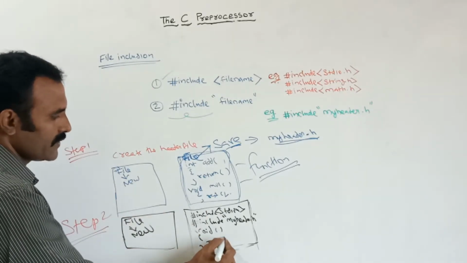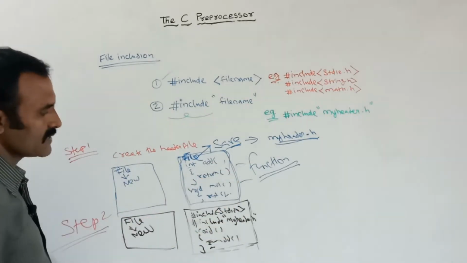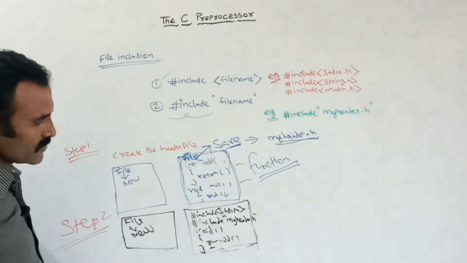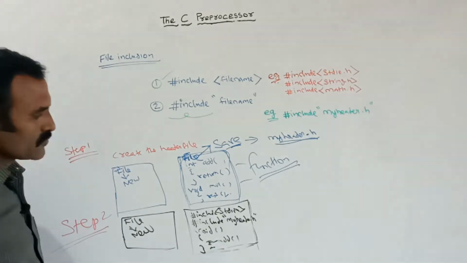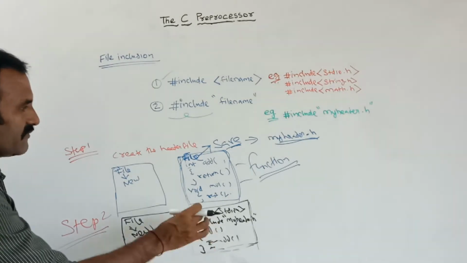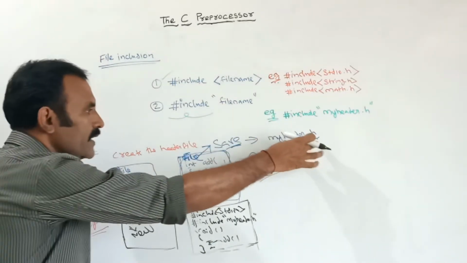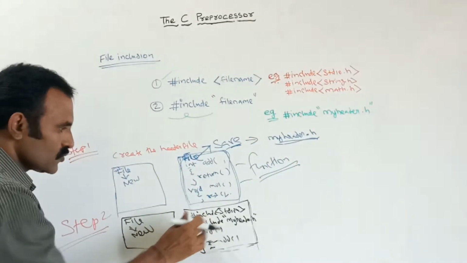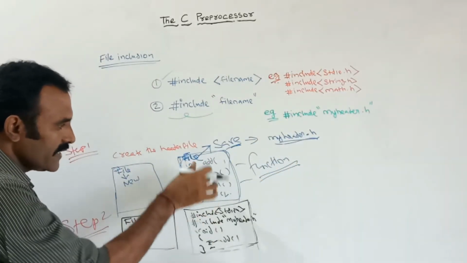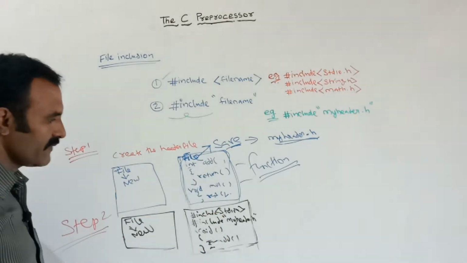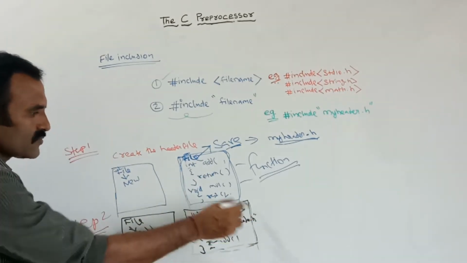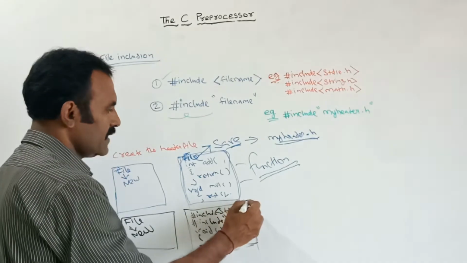Suppose you want to add two numbers, we can call this function in our source code from here. In this way we can include the header file in our source code and invoke the functions inside that header file. After completing this source code, you should save this file.